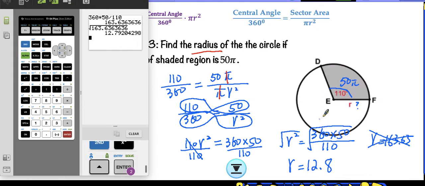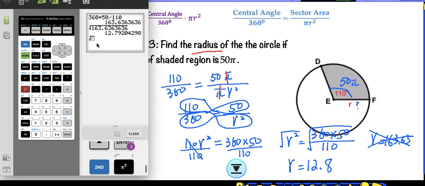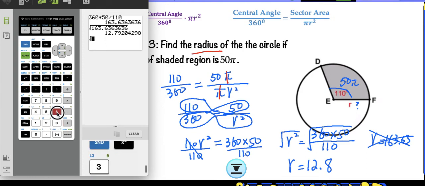One thing I want to remind you, since we want to find the square root, you can also just type the whole thing in the calculator. Let me show you. So second, you see the square root of the whole thing, right? We just type 360 times 50, then divide by 110.